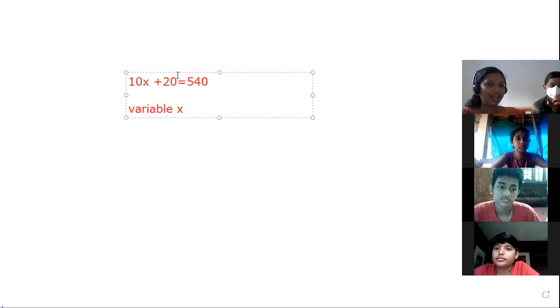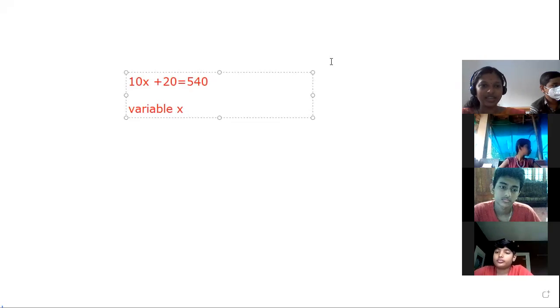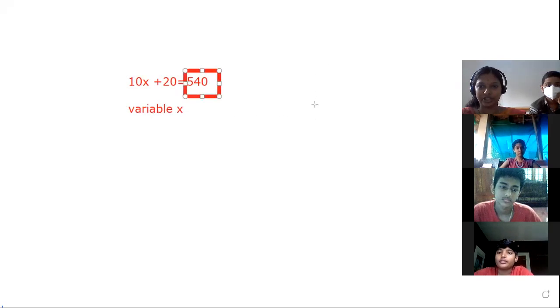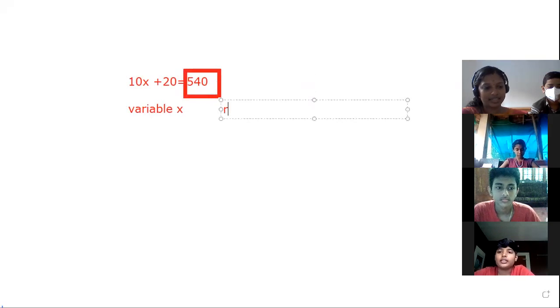A statement containing an equality sign can be considered an equation. What is the right hand side of the equation? 540. This is the right hand side of the equation, which can be called RHS, right hand side.